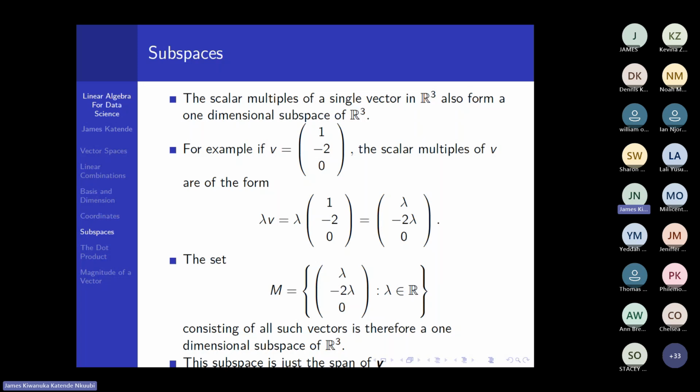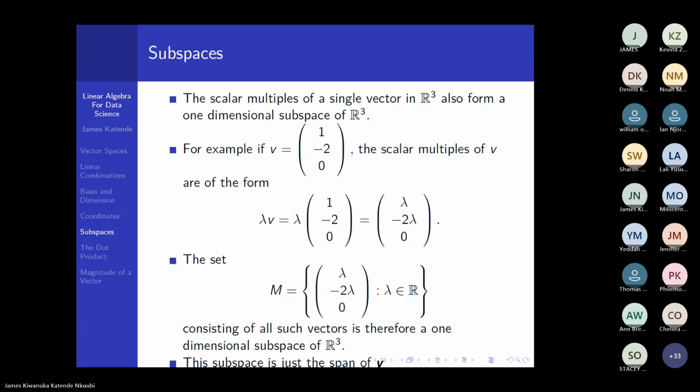The other thing, if you are in R3, you can also work with a single vector instead of starting with two. Fix one single vector, and the set of all multiples of the vector will also form a subspace. In this case, our example is 1, negative 2, 0.